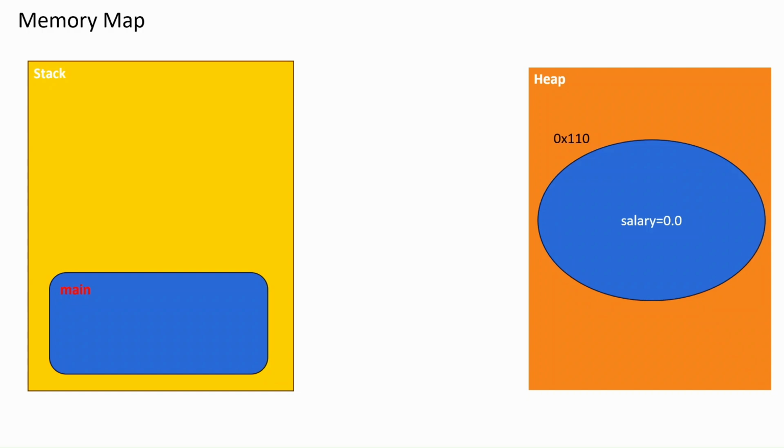This class is having one data member named salary. Since the salary is of double data type, the default value of 0.0 is assigned. Now, the employee reference variable is created in the main stack memory, and this employee reference variable is pointing to 0x110.